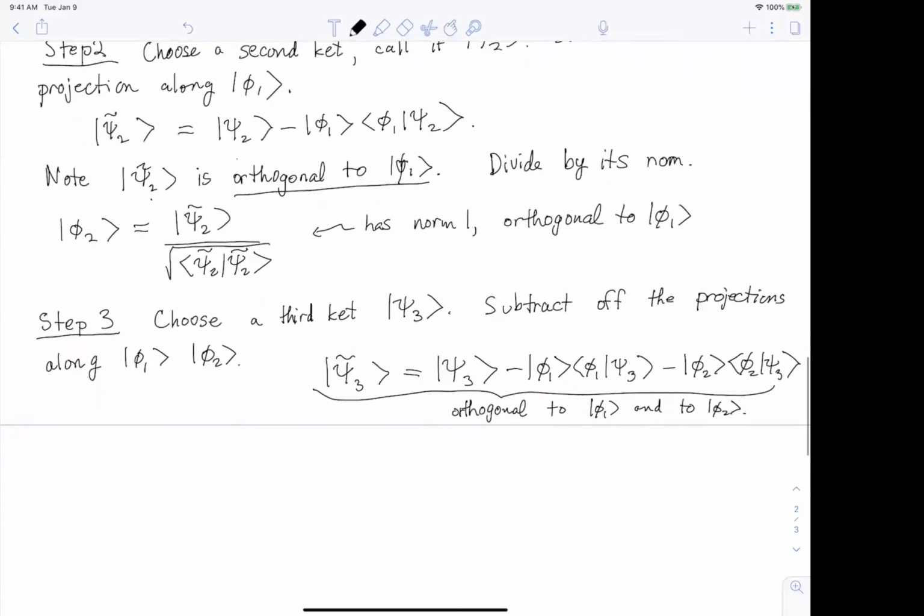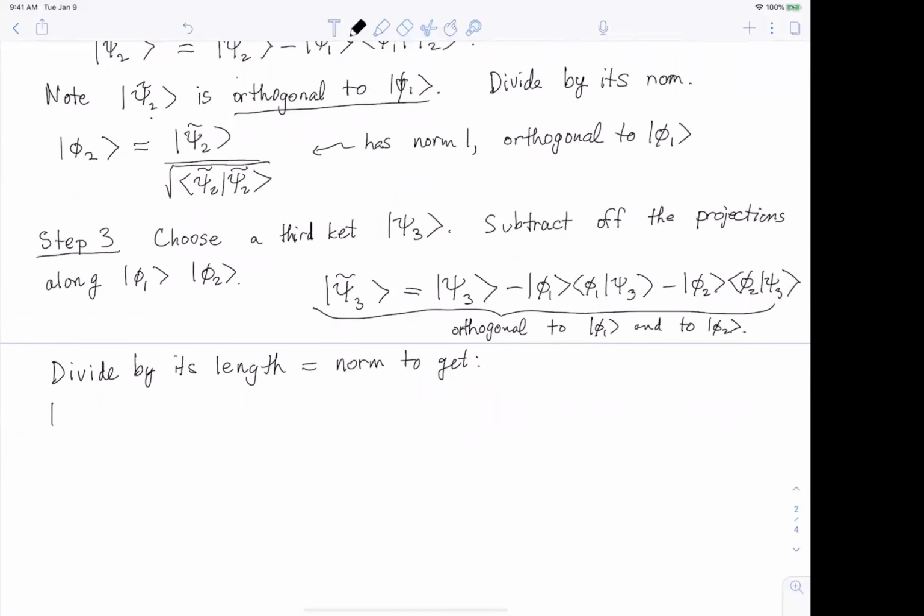The only problem with this thing is it doesn't have norm 1. So that's the next step. You divide by its length, or its norm. I'm going to write length equals norm. You should think of them as synonyms. To get our third member of the orthobasis, phi 3 is just psi tilde 3. The only thing that was wrong with this is it didn't have the right length. So we divide by its length.